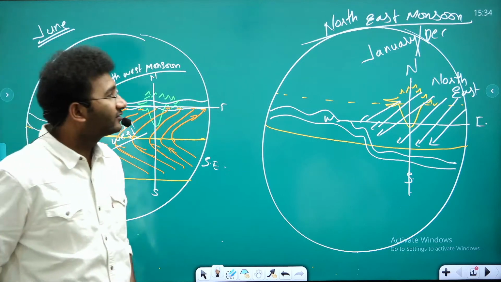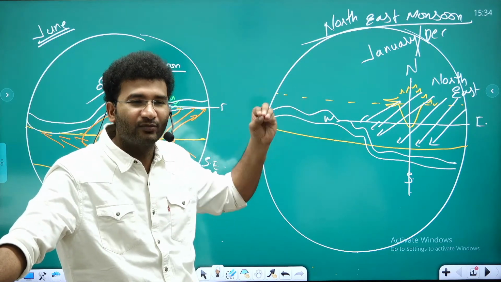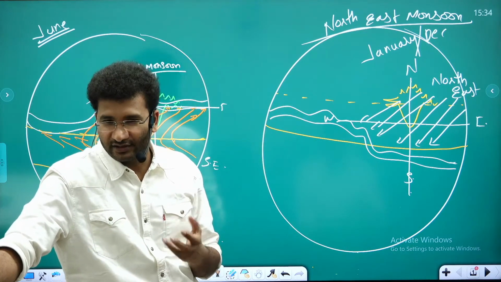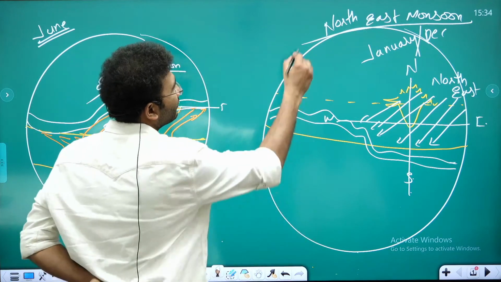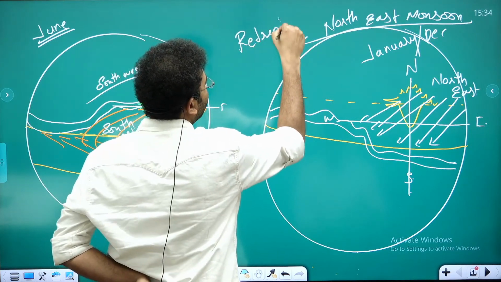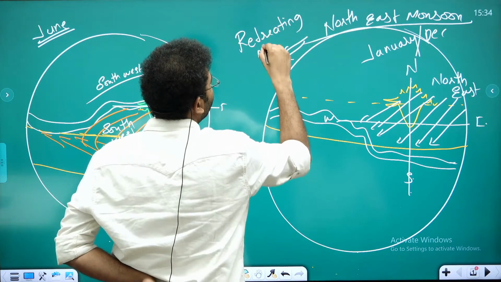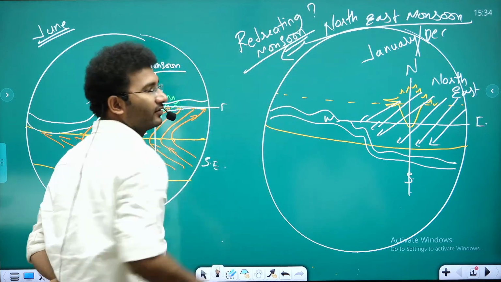But this is also called retreating monsoon. Why are they called retreating monsoons? So this northeast monsoon is also called retreating monsoon. Why?